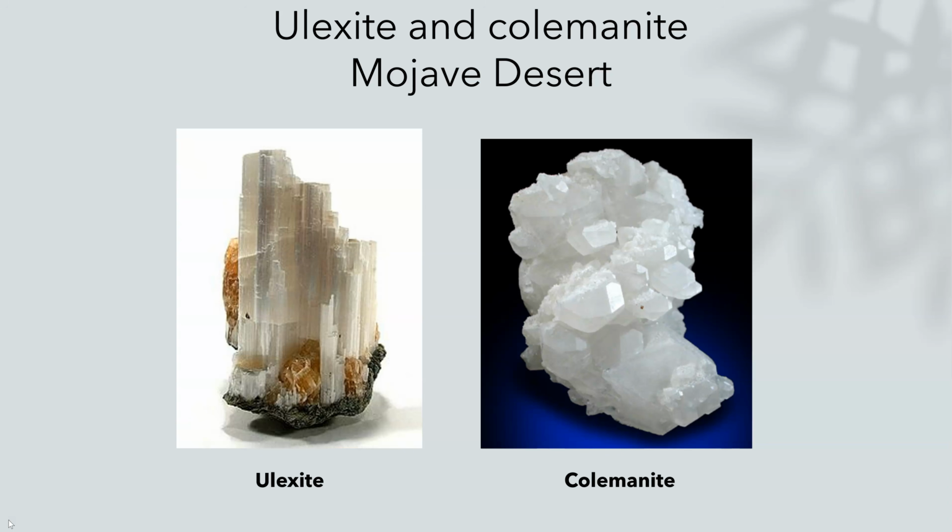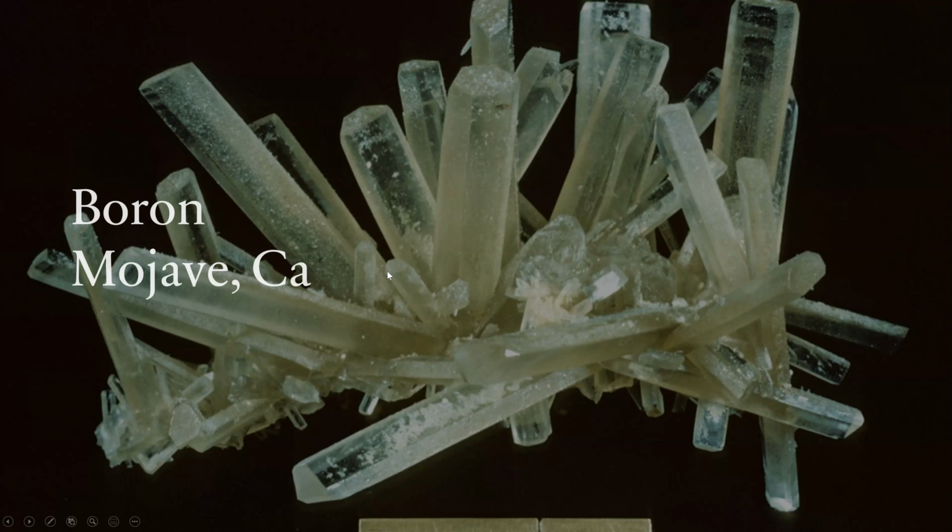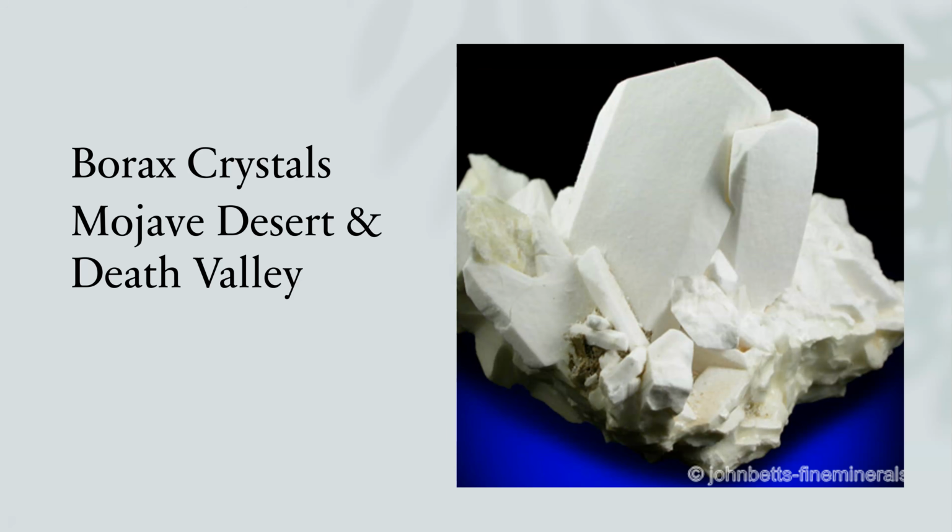And a lot of it is actually mined out of Boron, California. So this is actually in Mojave. This is a look at some of those crystals that you might see in this mine. Here are some of the borax crystals from the Mojave Desert and the Death Valley area.